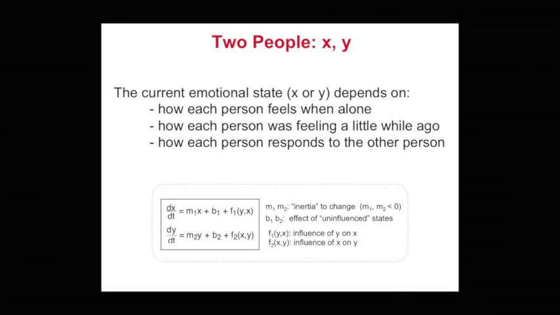So what we've been doing is to see what sort of very simple model, or the simplest model we can make of a conflict. So we start with a model with only two people, and the variables are their emotional state, how happy or unhappy they are.